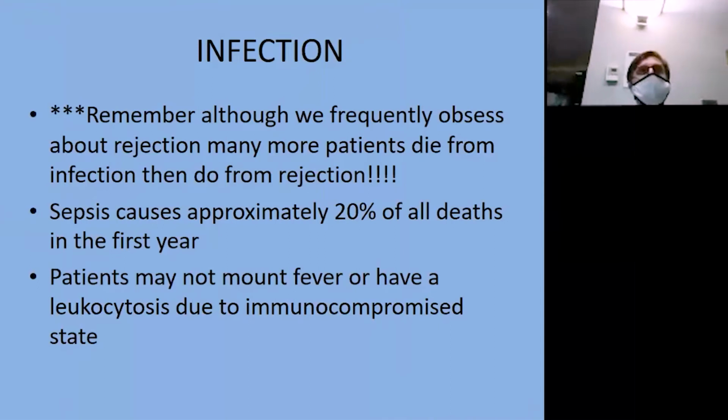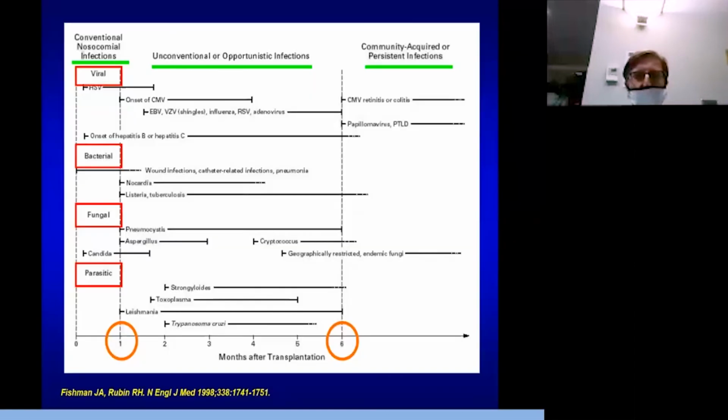Going back to infection, just as we said before, more patients will die from infection than rejection. Sepsis does cause about 20% of all deaths in the first year, and patients may or may not have a fever or leukocytosis. So just be aware that these are older patients that are immunocompromised, and they may not mount those reactions.